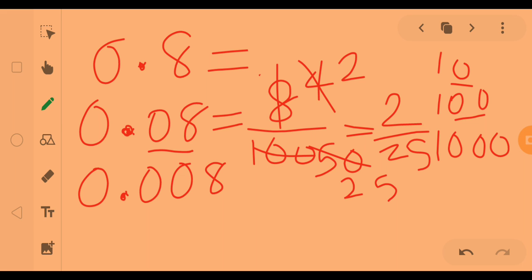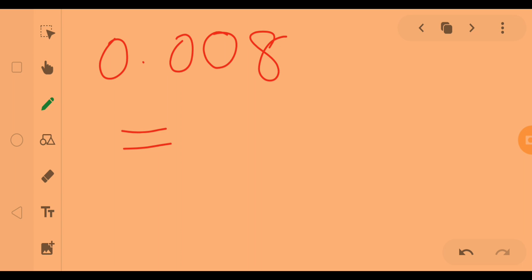The last number is 0.008. How do we write this? We write this number as a whole number first, then we place a fractional bar. There are 3 decimal places, so the denominator we have to choose is 1000.